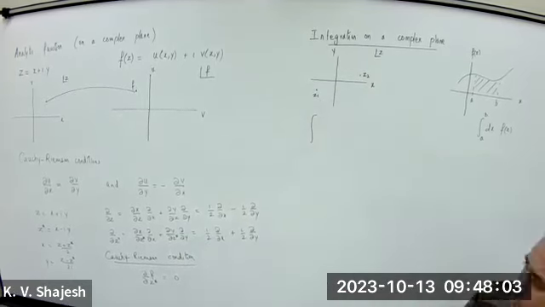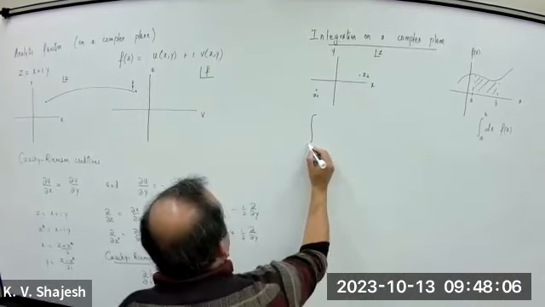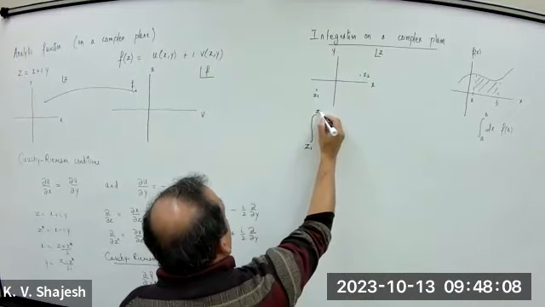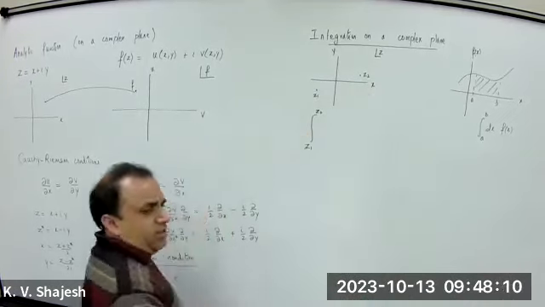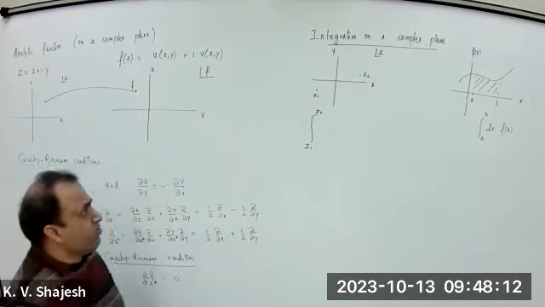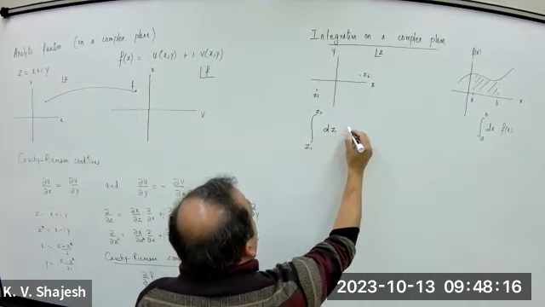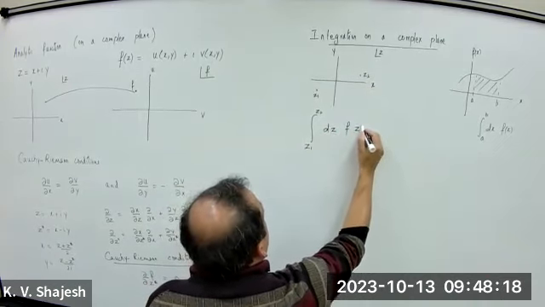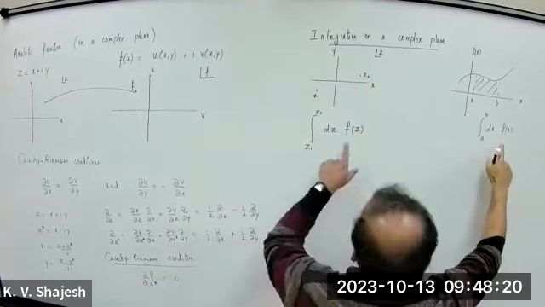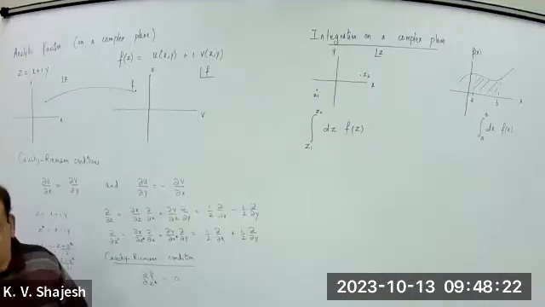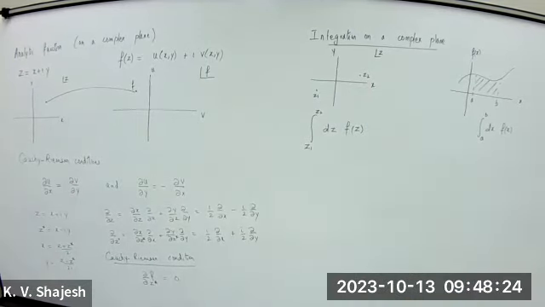I'm on a complex plane now, so it is dz instead of dx, and that's f of z now. Remember, the two f's are different entities. That's a complex integration on a complex plane.